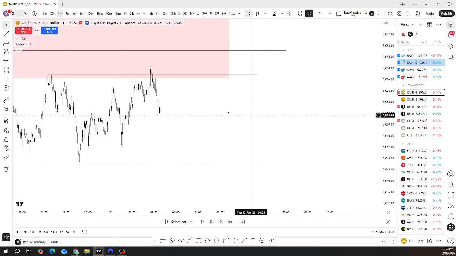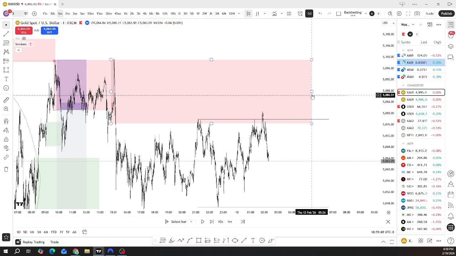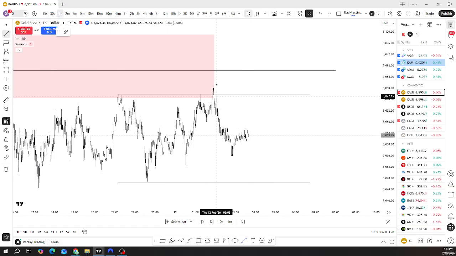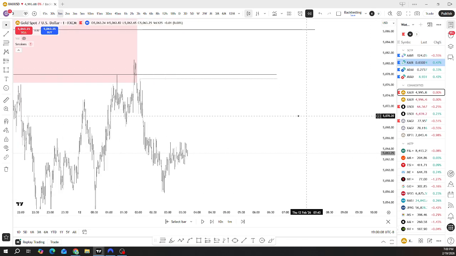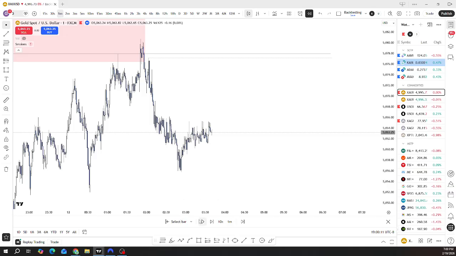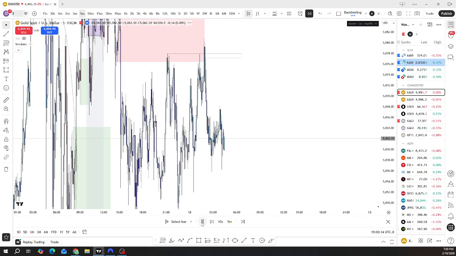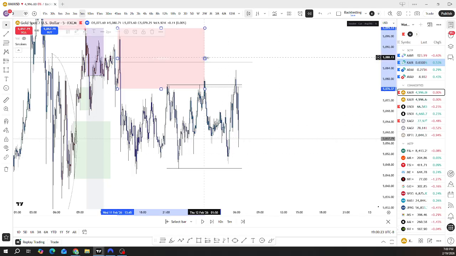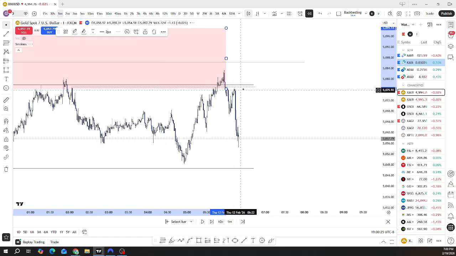But yeah, you had this range creation. Range creation. Swept all the liquidity to the low before coming up for that third tap.